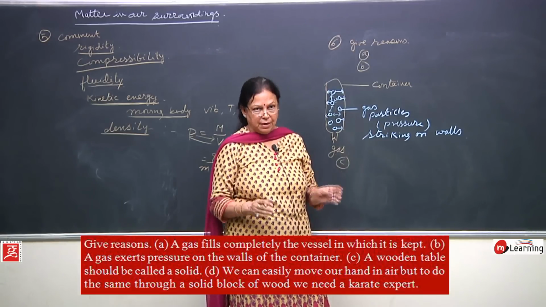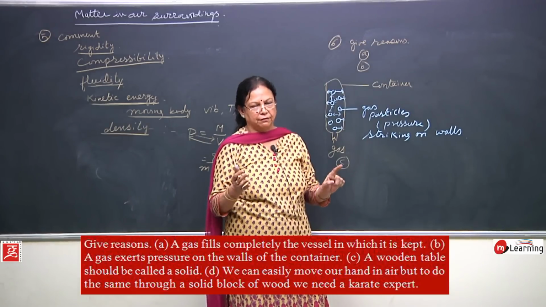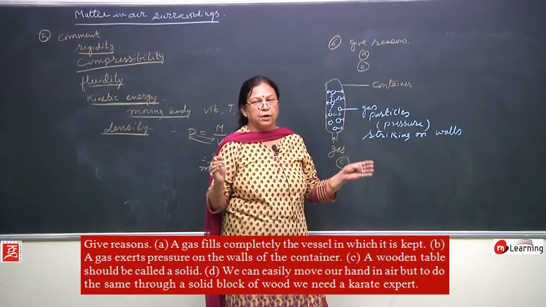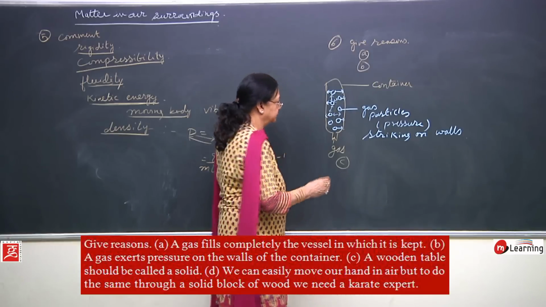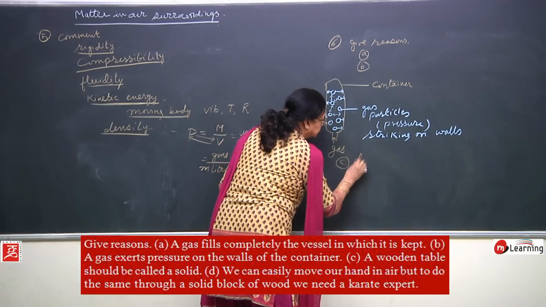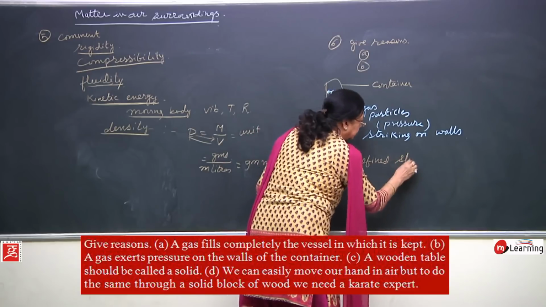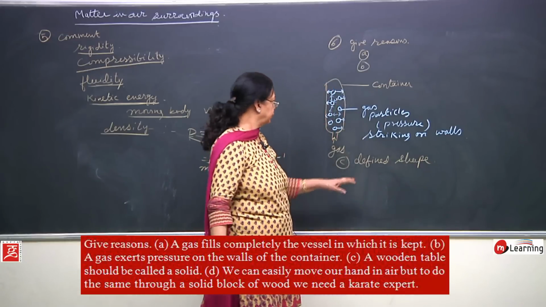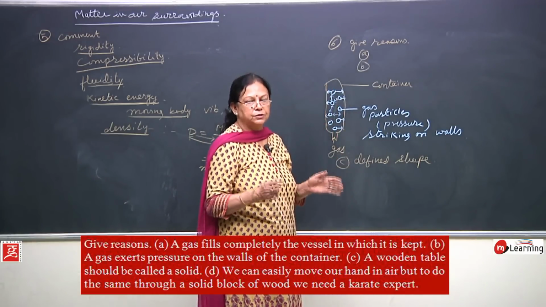It has mass. Mass, of course, gas, liquid, solid, everything has. But this will be called a solid because it has a particular defined shape. That is the reason a table is called a solid.